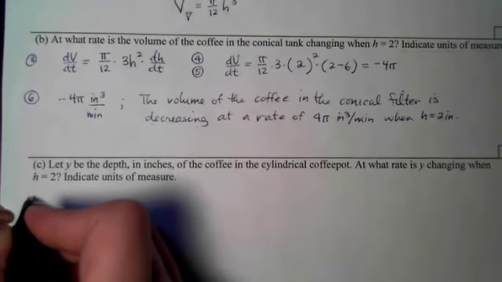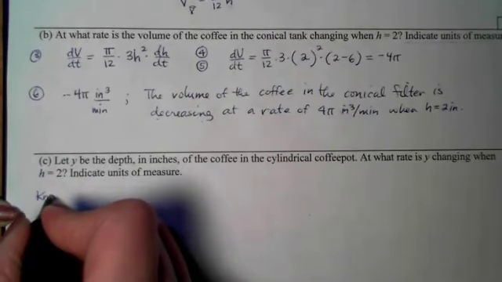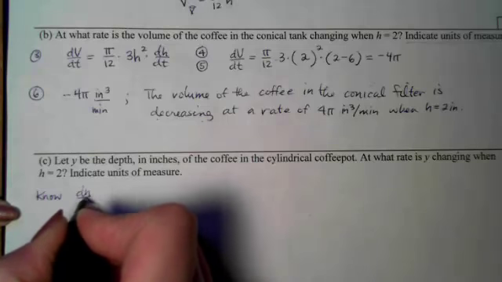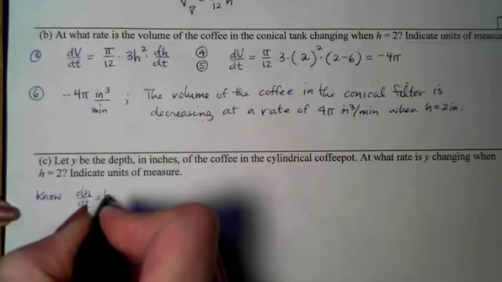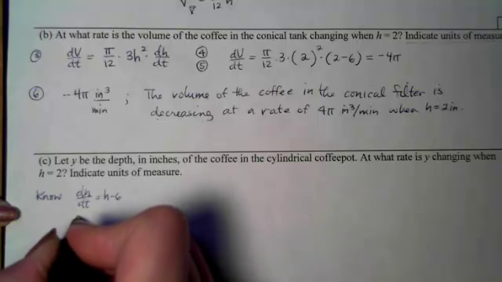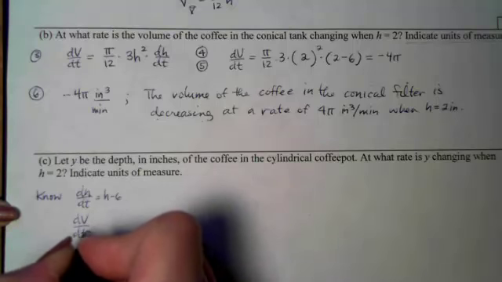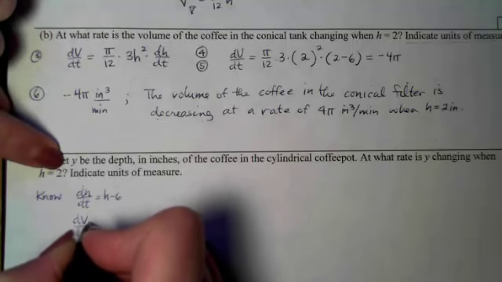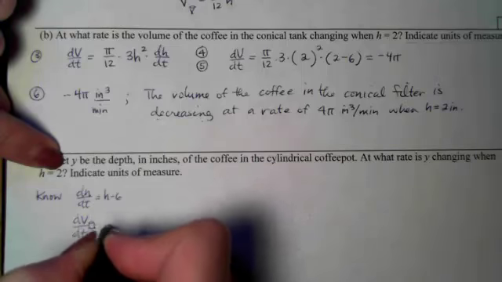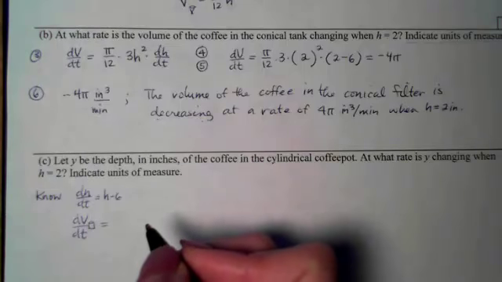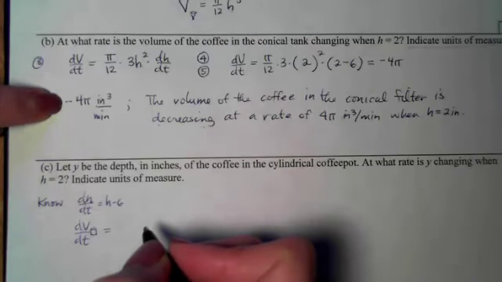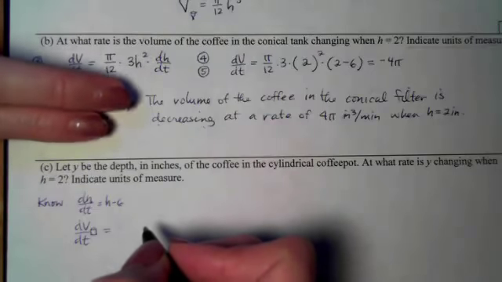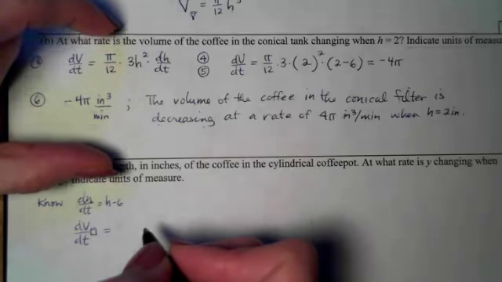So in part C, we actually know dH/dt, of course, is still going to be that h minus 6, but we also know dV/dt at this time for the cylinder is going to be the opposite of this rate, because the coffee in the cone is decreasing while the coffee in the pot is increasing.